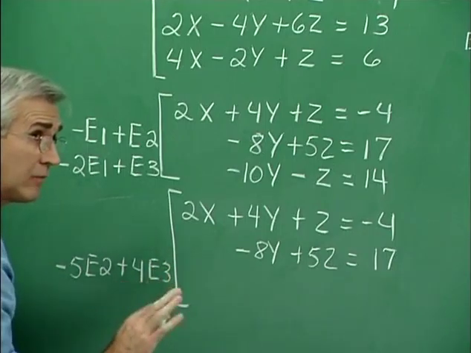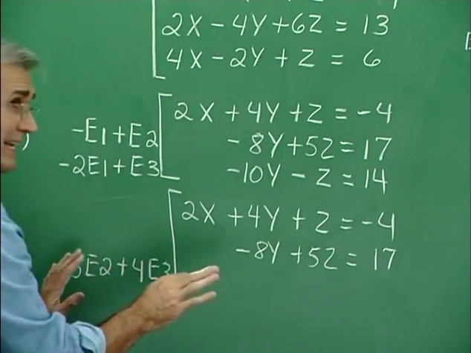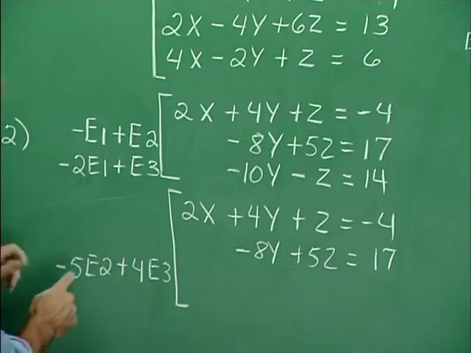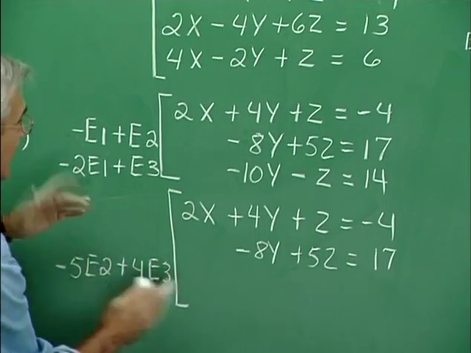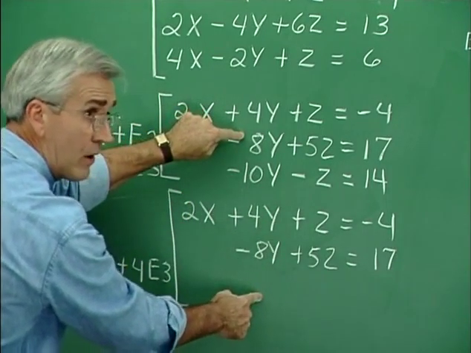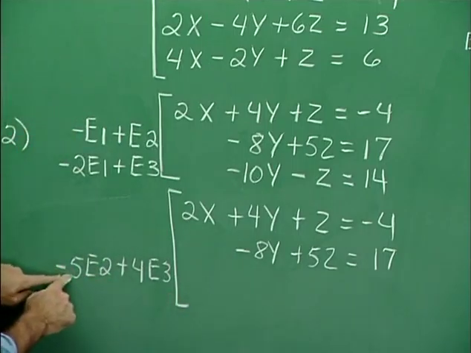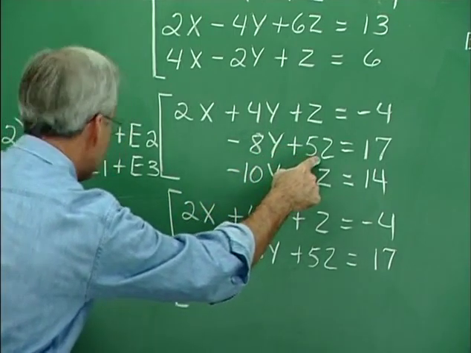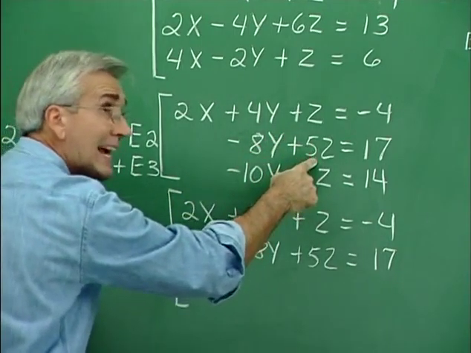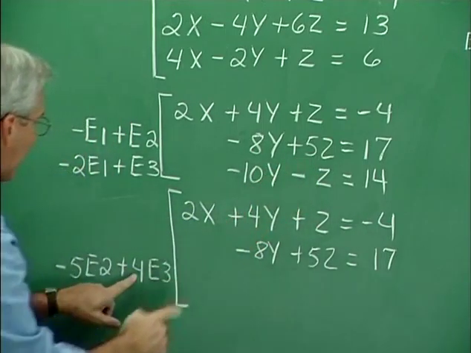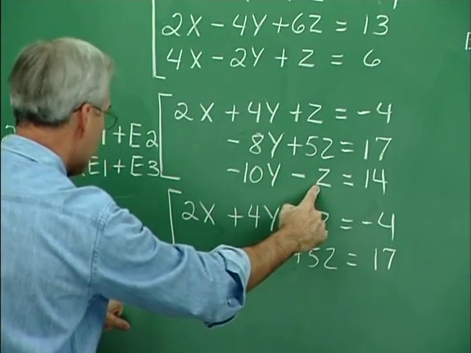By the way, they're not going to get any more difficult than this. This is as hard as they get in this segment. All right, so when I perform all these tasks on these two equations, I get 0 here as expected. Negative 5 times equation 2: negative 5 times 5 is negative 25. Then I want to add 4 times equation 3.